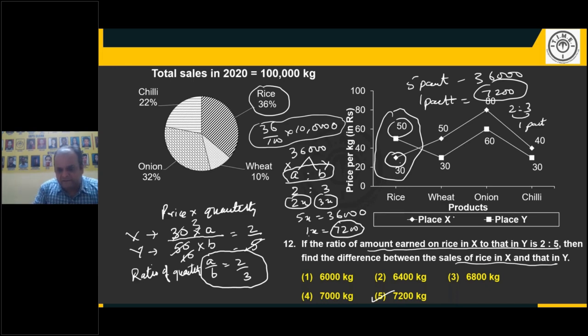So you are right in thinking that the ratio is 2:5, but that ratio is price multiplied by quantity. Price is 30, quantity is A. Similarly for Y, price is 50, quantity is B. So A upon B is 2:3. A is representing the quantity at place X, and B is representing the quantity at place Y. That ratio is 2:3. All right.